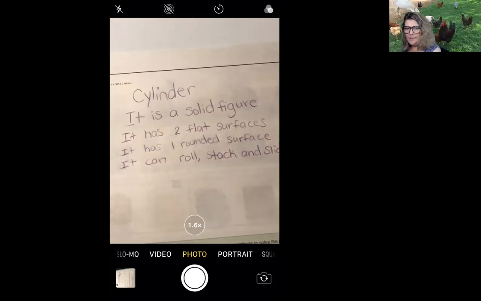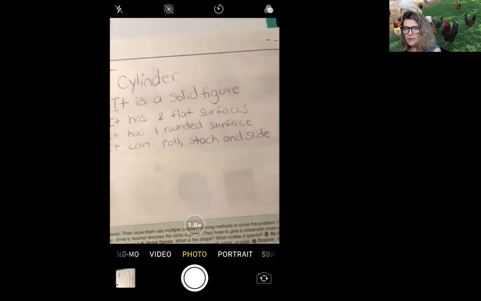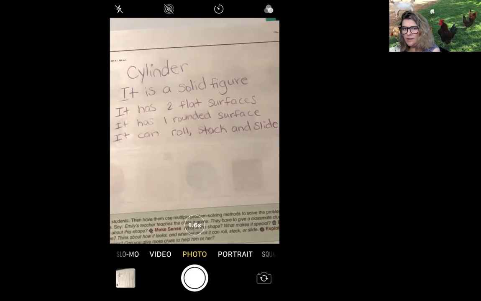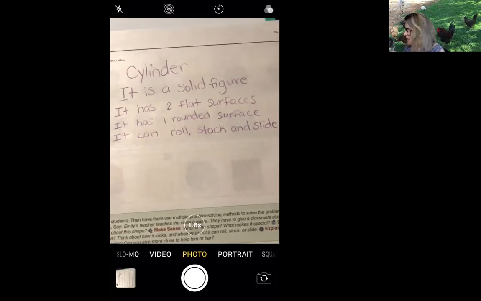I'll have to think about that. Let me scooch back so you can see all of it. There, hopefully you guys can see all that. All right, so cylinder, it's a solid figure, has 2 flat sides, 1 rounded side. It can roll, stack, and slide. It's a really special shape.